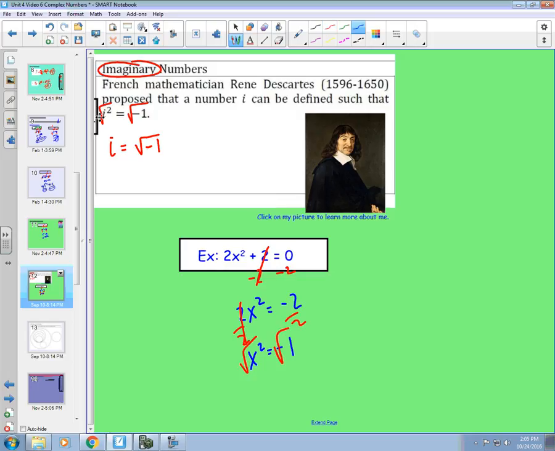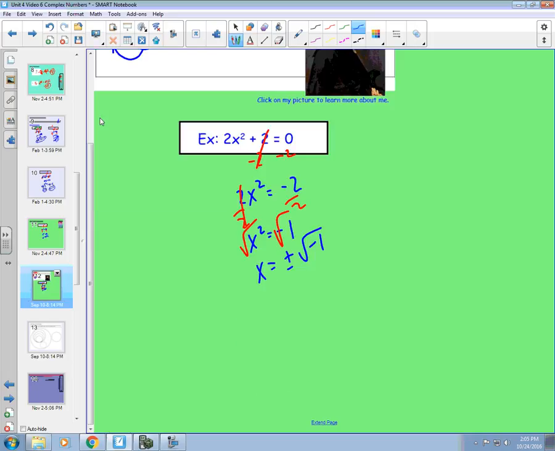So we got x equals plus or minus the square root of negative 1. Well, the square root of negative 1, that's the same as i, our imaginary number. So what we're going to say now is that x equals plus or minus i, being the imaginary number. And for now, we'll just go with that.